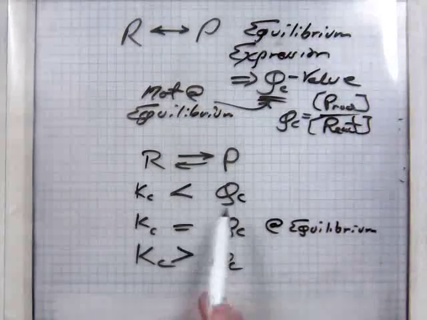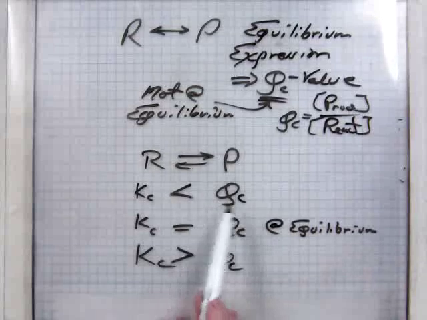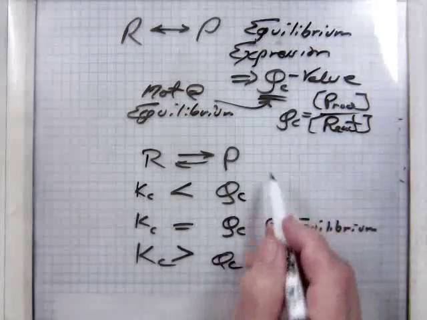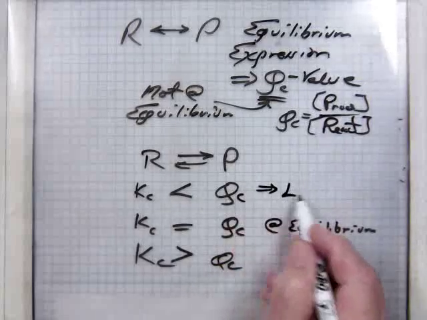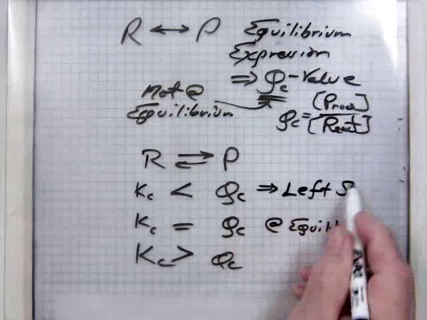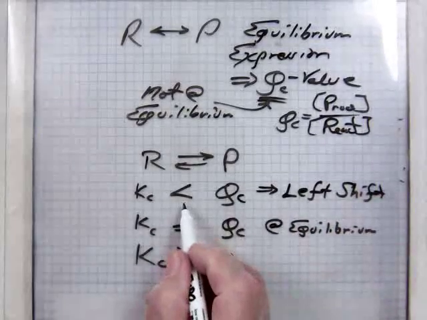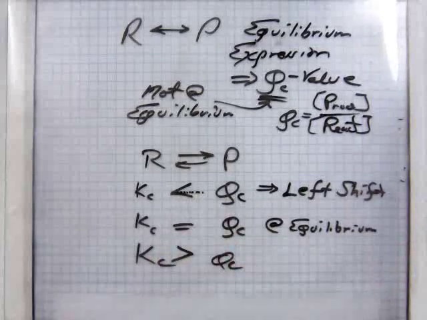However, if you make a calculation such that Q, listen to this, and so you'll understand what I'm trying to teach you here. If QC is greater than KC, then this means the reaction shifts left, or left shift. Notice the inequality that I've drawn. It points in the direction of the shift.